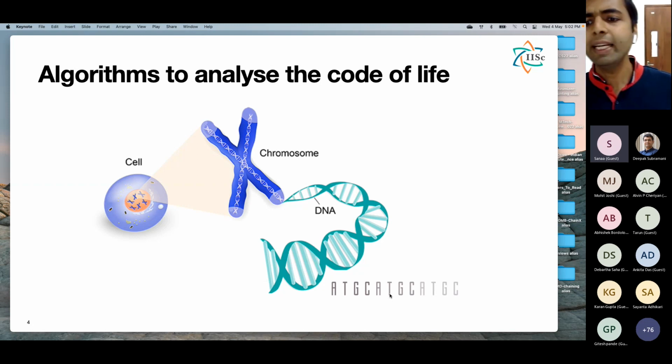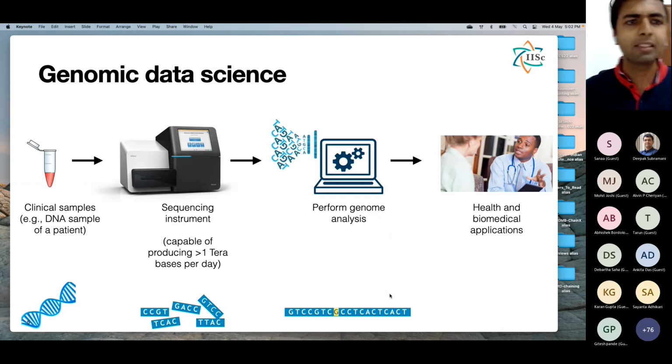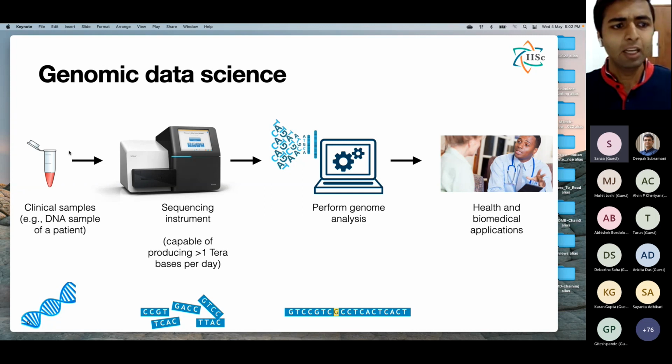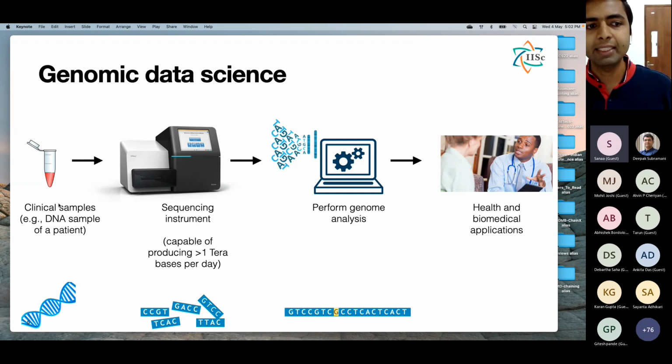Now, why do we need algorithms to interpret DNA? In any hospital or biological lab which is interested in genome sequencing, the first step is to take a clinical sample. For example, it could be a DNA sample of a patient. DNA in its natural form, for example in saliva, cannot be recognized just from the saliva.